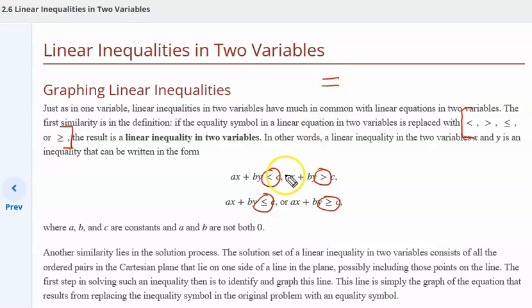But then, depending upon the signs, if it's equal to as well as greater or less, we're going to use a solid line. If it's only less than or greater than, without the equal, we use a dotted line. Background. Let's go on.